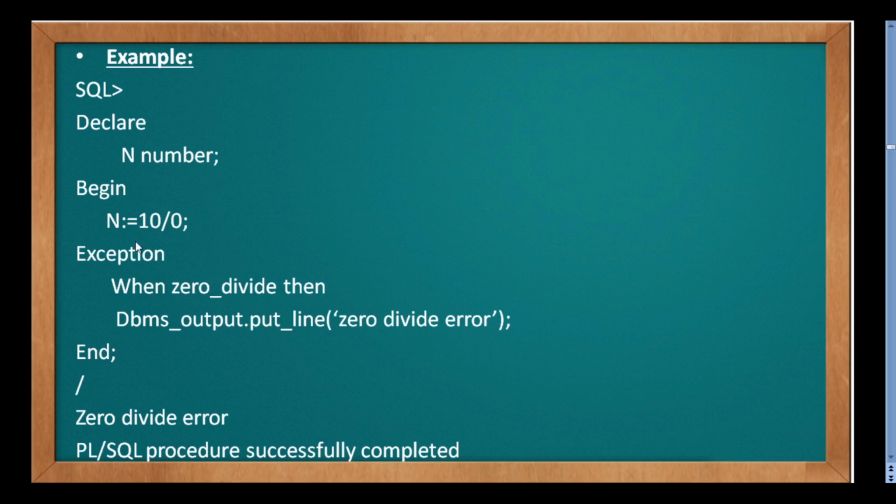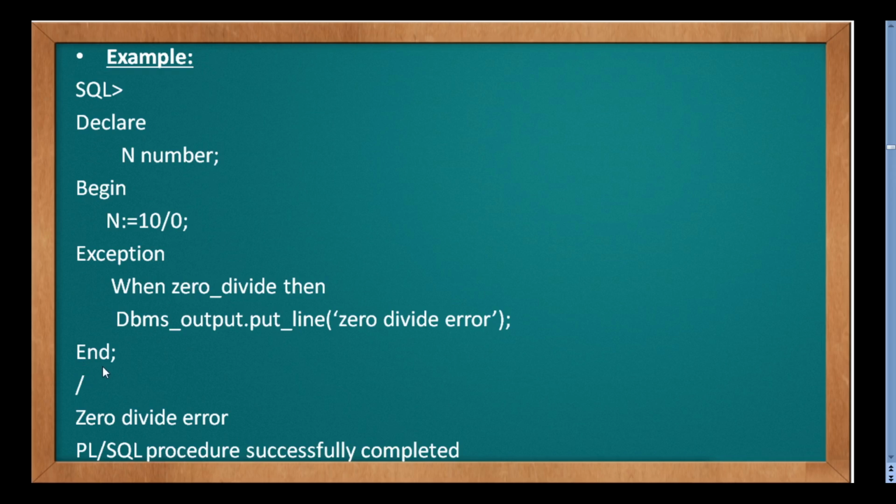So to handle the exception, I need to write an exception block: WHEN ZERO_DIVIDE. The exception identifier here is ZERO_DIVIDE. Then what will you do? I want to print one statement: zero divide error.